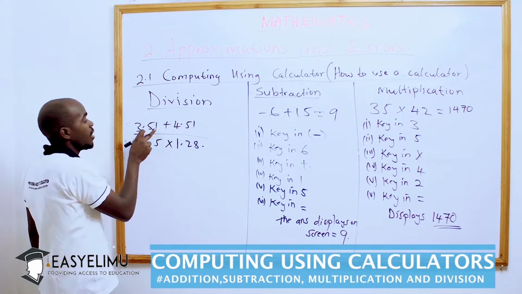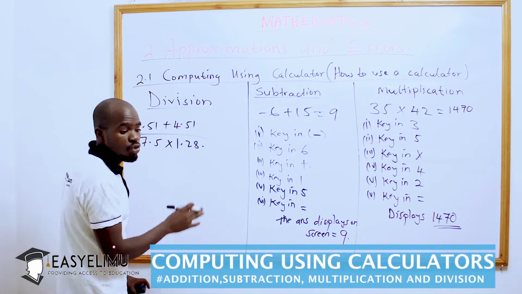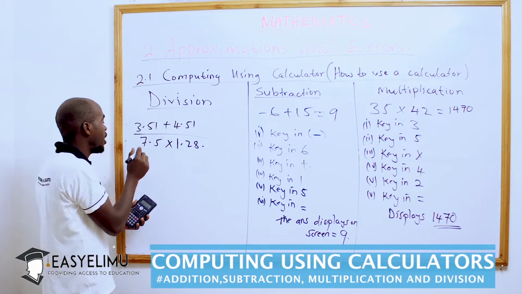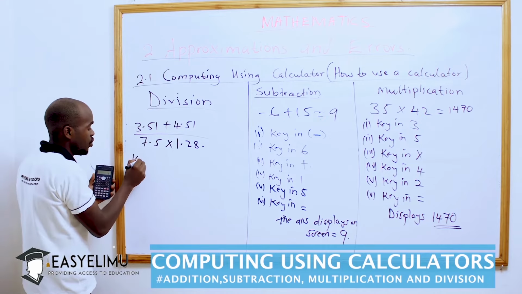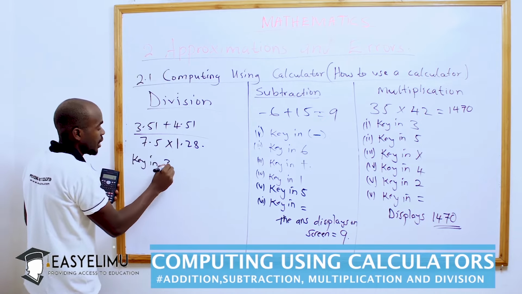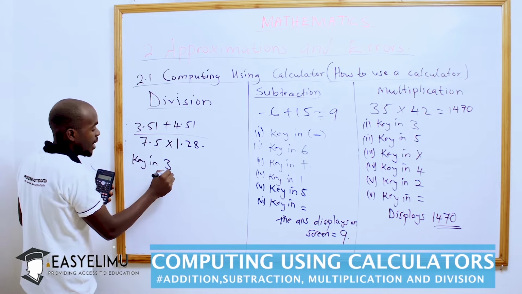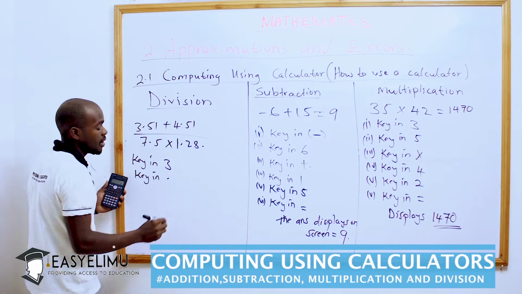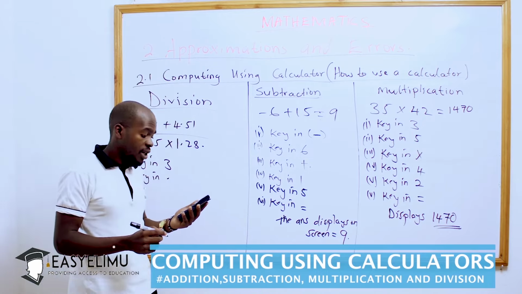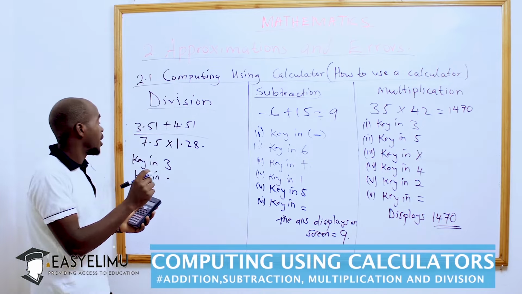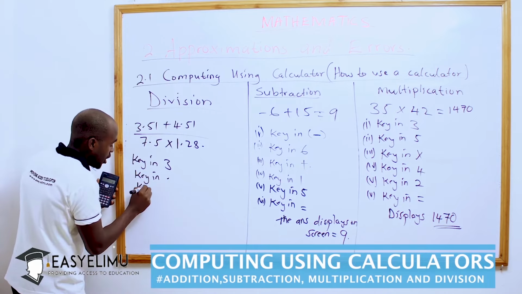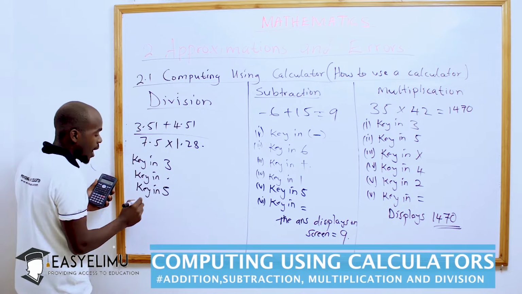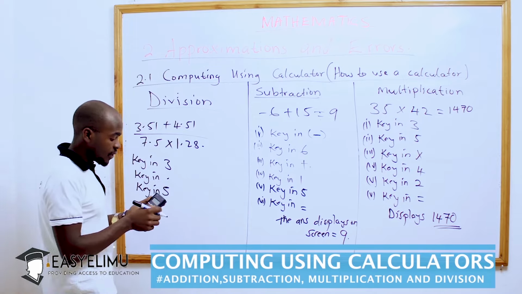The first thing we have to do on the calculator is key in 3, followed by the decimal point key, then 5, followed by 1, and the procedure continues.